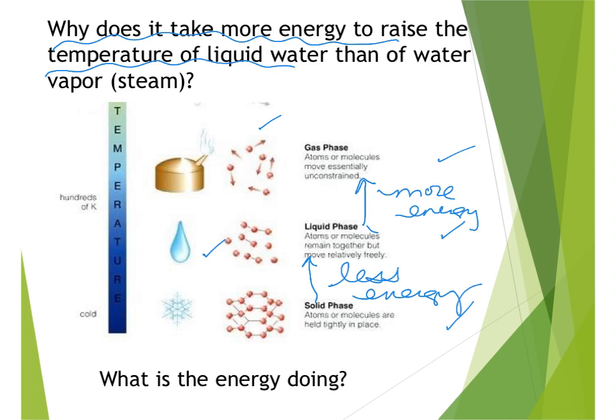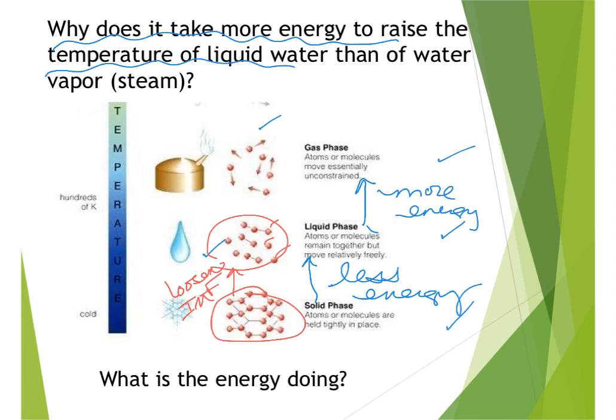So what it is, if you think about it, if you go from solid to liquid, you're just loosening the intermolecular forces. You're not eradicating them. You're not eliminating them. You're just loosening them enough to let the molecules get farther apart.